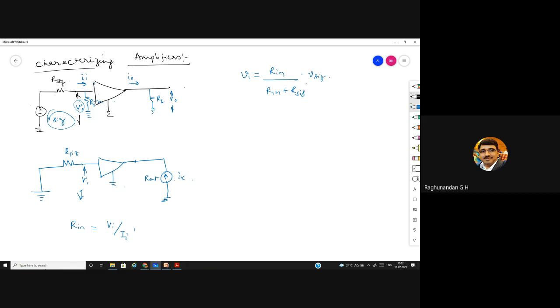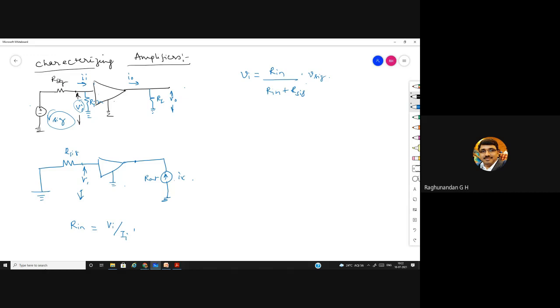This is one formula by which we can find the total input voltage applied to the op amp, excluding the resistance offered by the signal generator.